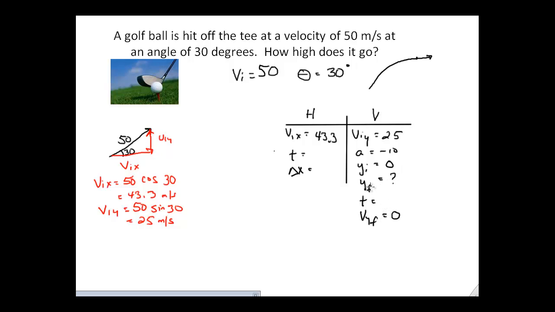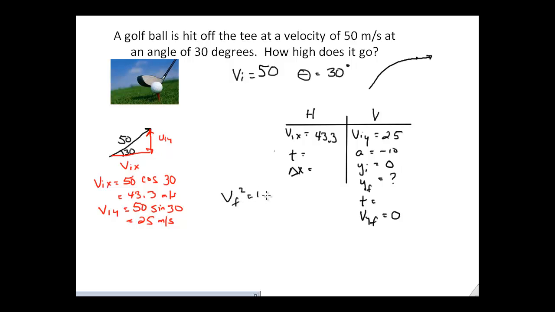So I'm looking for this initial position, or this final position. I don't know the time at all, so I need a formula without time, and that appears to be this one.